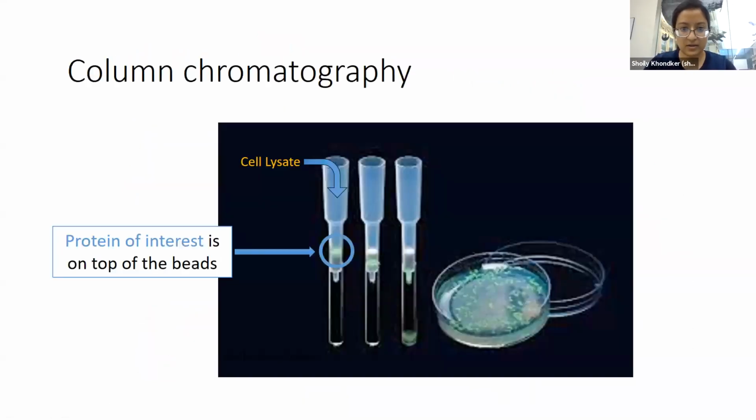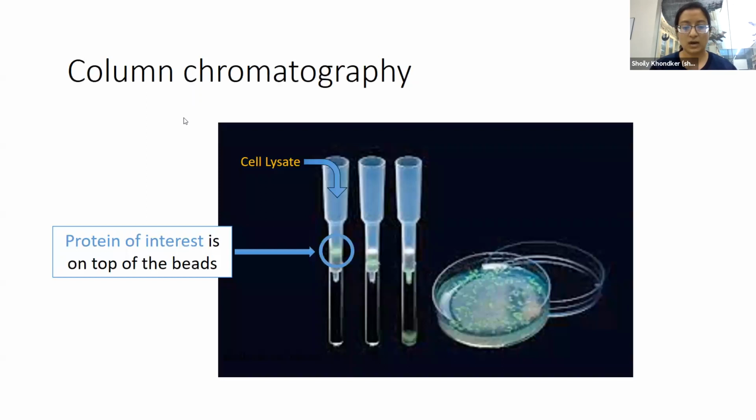Okay, so now we're going to get into some protein-related techniques. First of all, I want to talk about what techniques we're going to go through. I'm going to talk a little bit about protein purification, which is getting a specific protein of interest out of the cell or out of tissue or an organism.